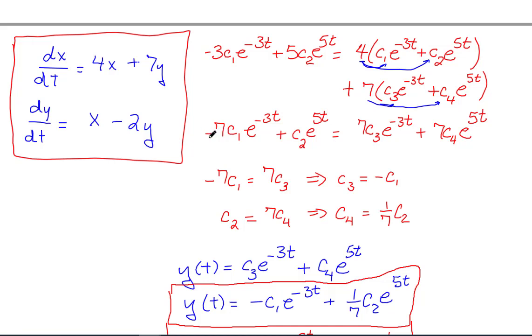So I've got a minus 7c1, and that matches up with this 7c3 term. So that gives me that c3 is really minus 1 times c1. And if I match up the e to the 5t term, I find out that c4 is 1/7 c2.